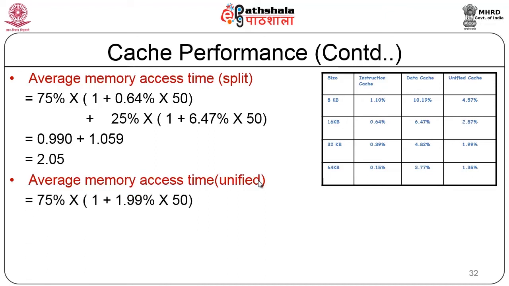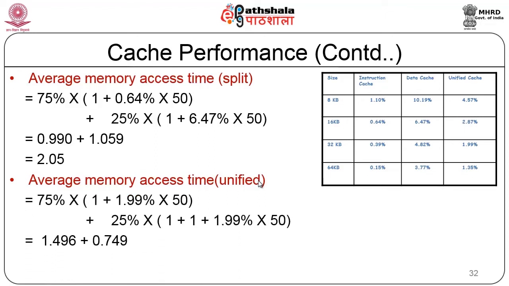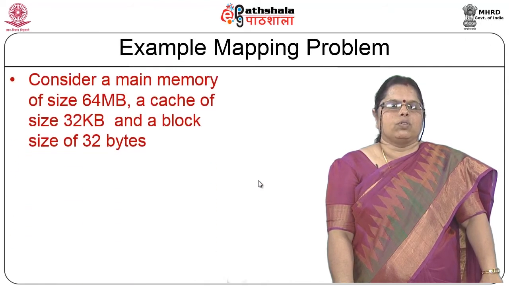For a unified cache, it works out to 2.24. These are just examples to show how you can calculate the average memory access time given the percentage of memory accesses and the access times for each of them.